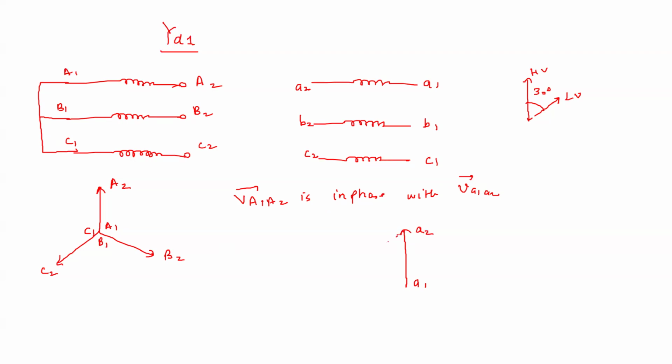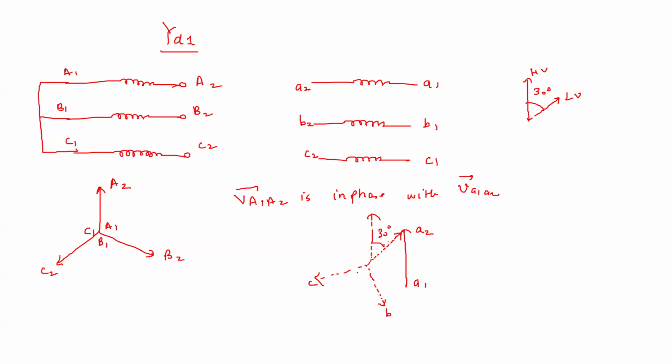But what we want is for this phasor to be 30 degree to this side, right? We want the phasors to be in such a way. So this is A phasor, this is the B phasor, this is the C phasor.